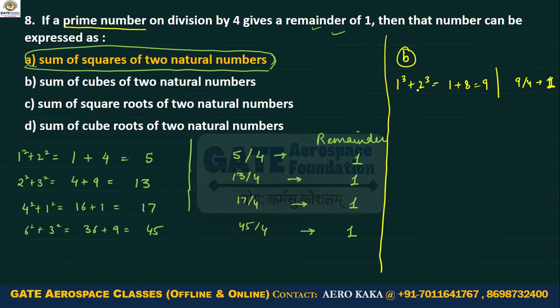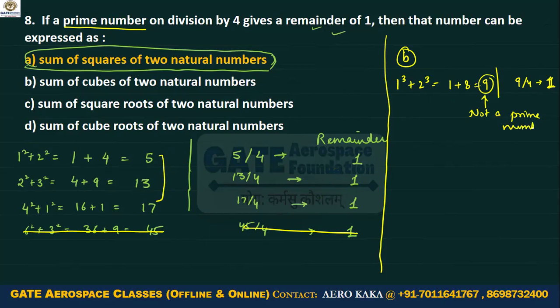So this example won't be applicable. 9 is not a prime number.